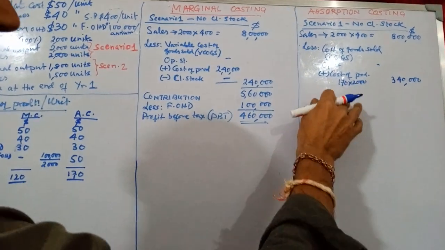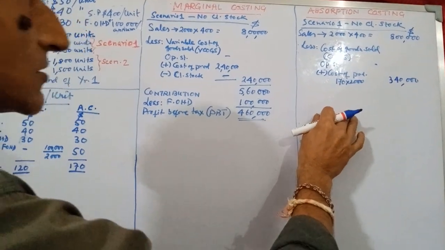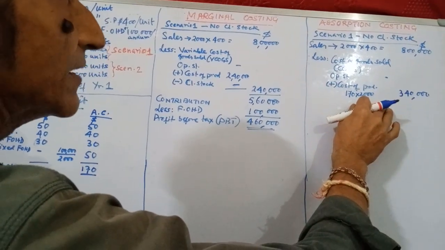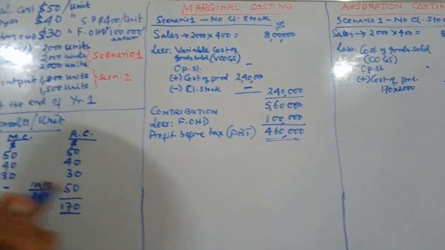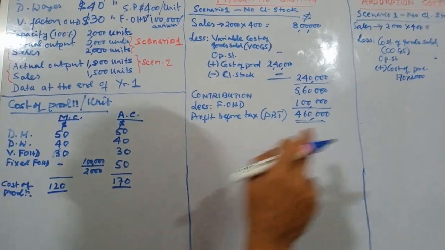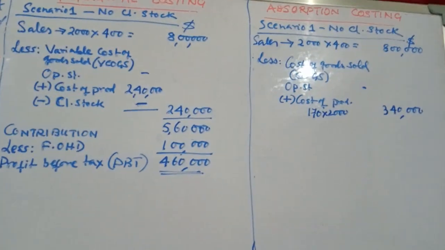There is no question of contribution and again deducting fixed overhead, because fixed overhead has already been taken into account here in cost per unit, and we don't find out contribution in absorption costing system.